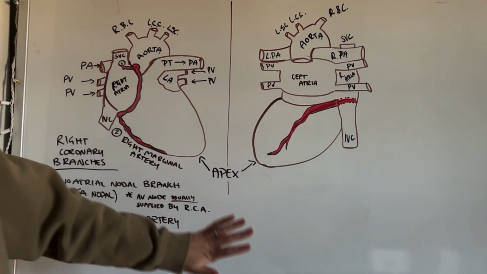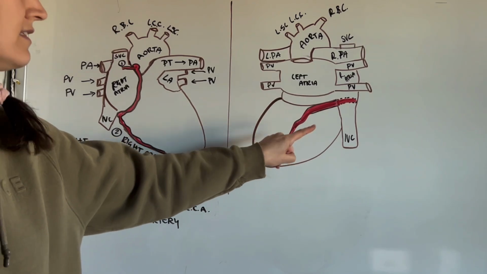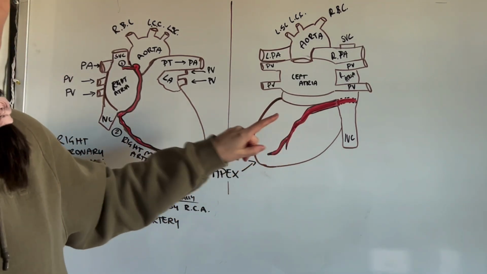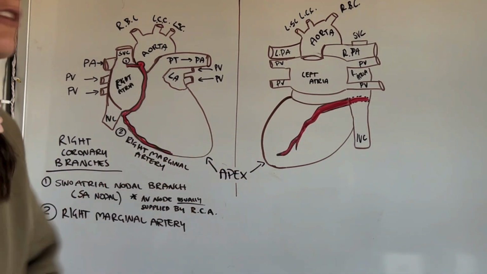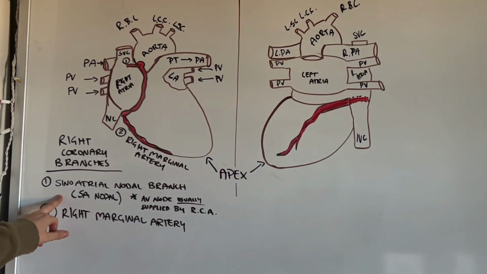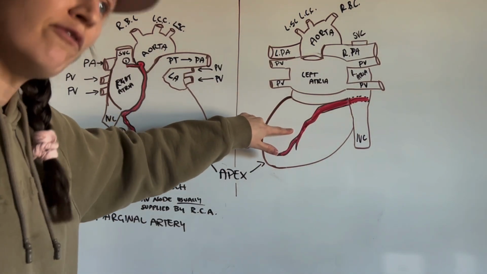And I'm going to pause here for a second and say this branch that I'm about to talk about is an incredibly important branch. The previous one was incredibly important because you can't signal a heartbeat if you don't have blood to this structure. But this is an incredibly important branch because of a different reason.